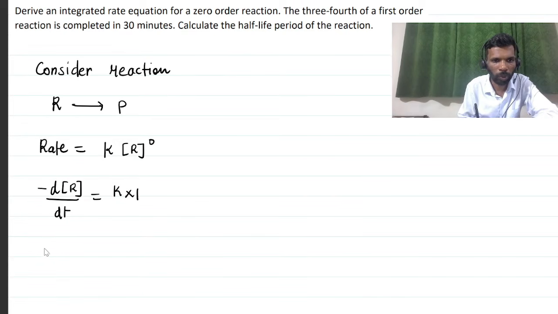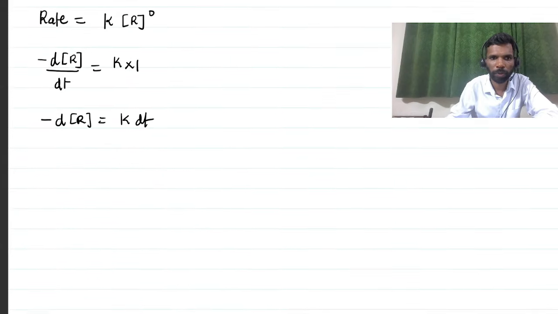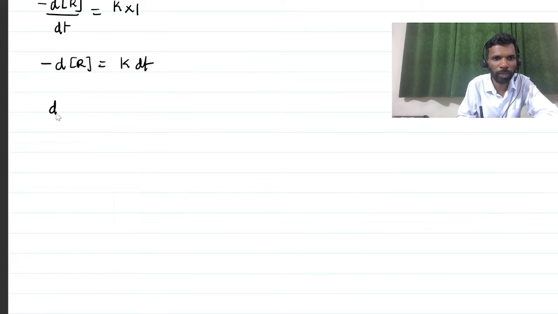So minus dR is equal to K dt. Therefore dR is a small change in the concentration of the reactant in a small time dt. This minus sign I'm taking on the other side. So this is my equation 1.